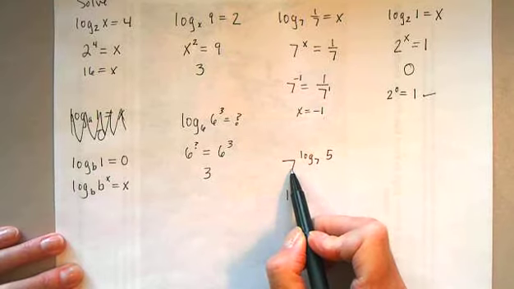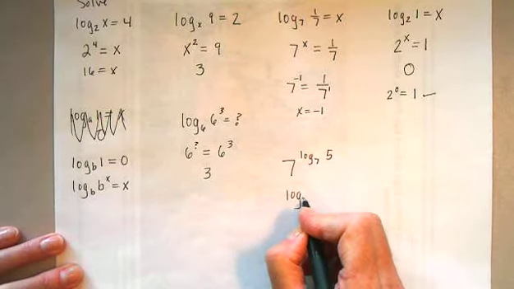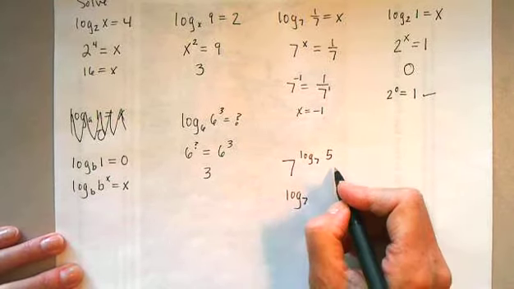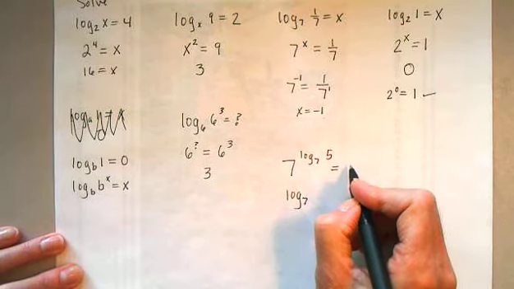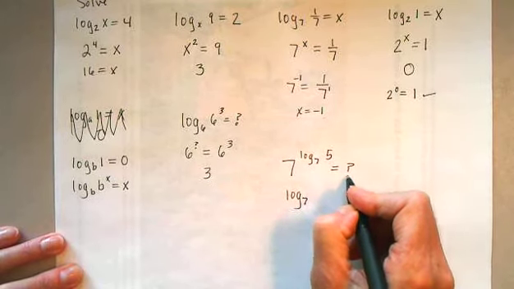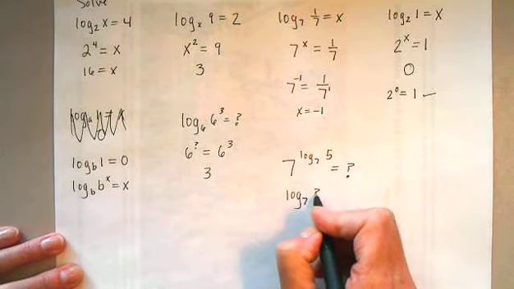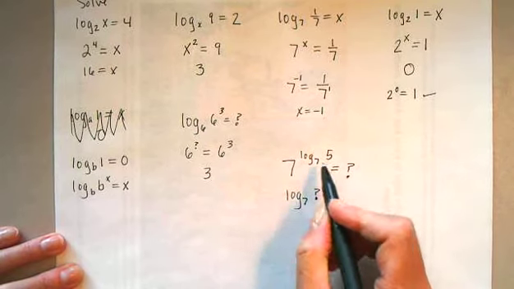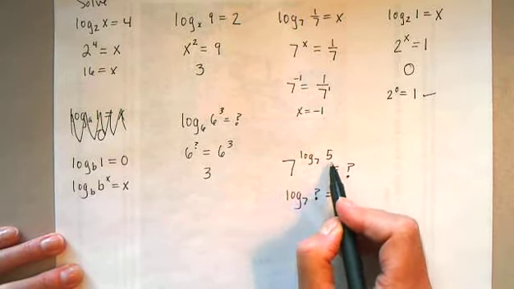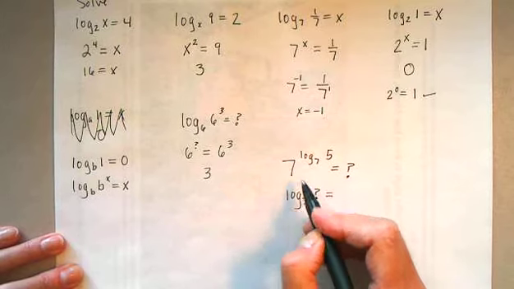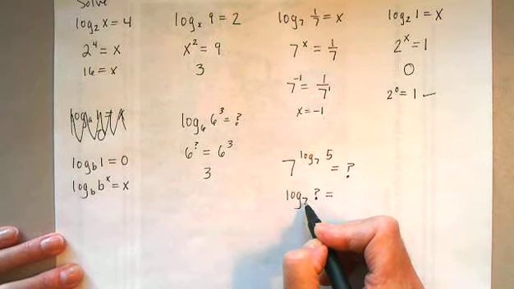The base of my exponent is the base of my log, and what it equals is what you're taking the log of. So that's what we don't know. So log base 7 of whatever it equals has to be the exponent. So all I'm doing is converting exponential to log. So you can look back at that if you need to.